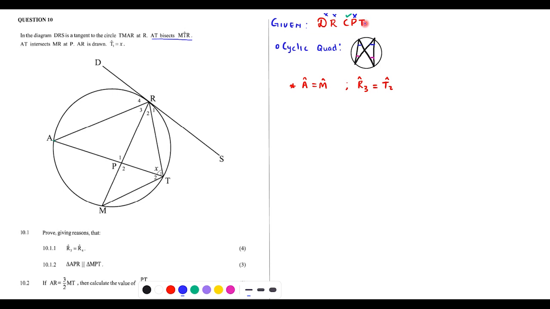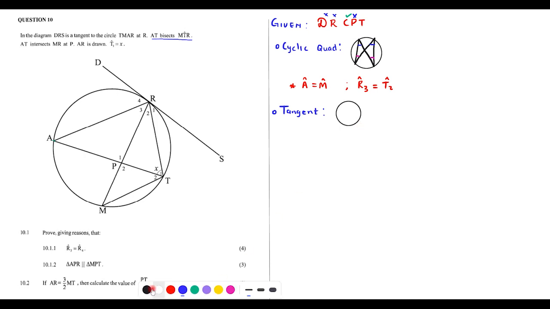And then T stands for tangent. Do I have any tangent here? Yes, I do have a tangent, so I'm going to write that one down. Now what theorem do I see here about the tangent? It is the tan-chord theorem.